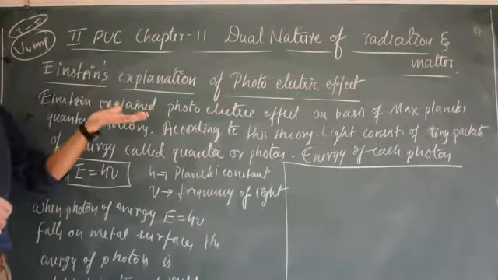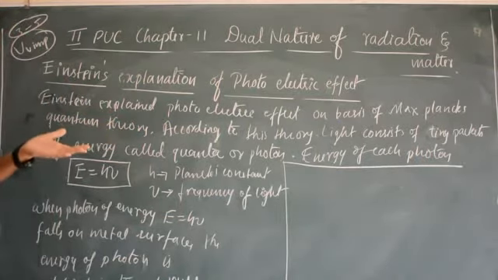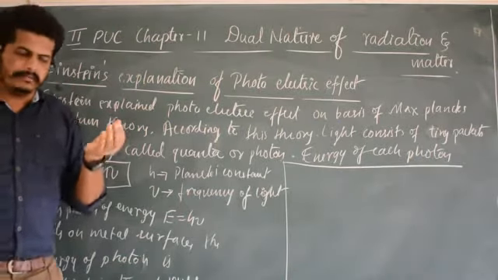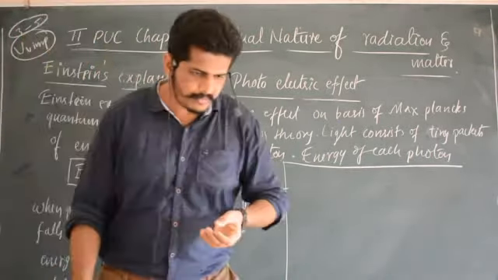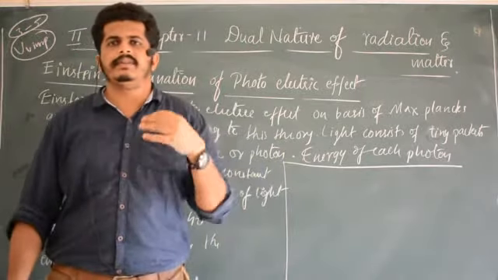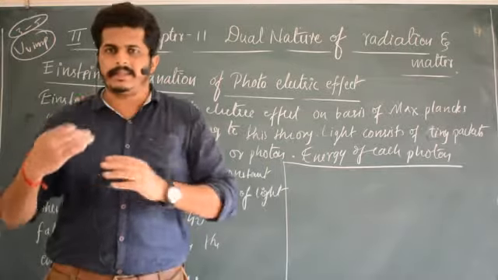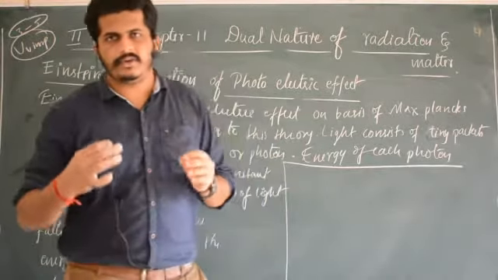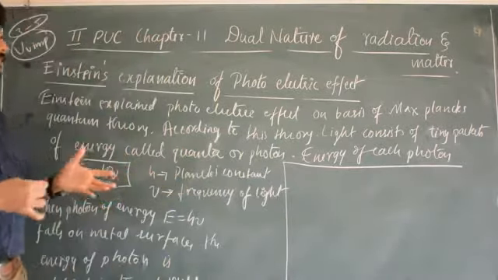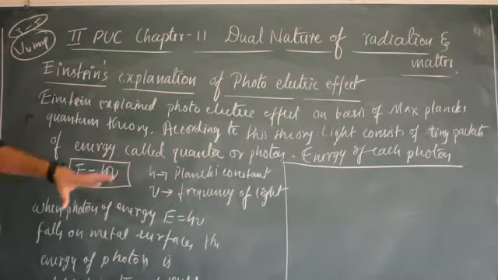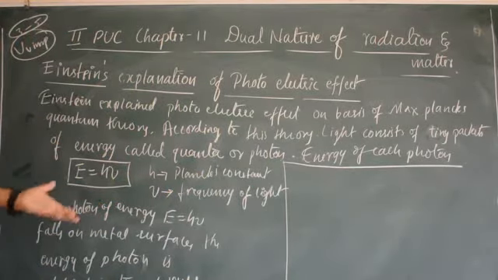We are discussing Einstein's explanation of the photoelectric effect, and of course Einstein studied Max Planck's theory and gave his explanation on the basis of it. According to Max Planck's theory, light consists of tiny packets of energy, and the energy is given by E is equal to h nu, and its name is quanta or photon.